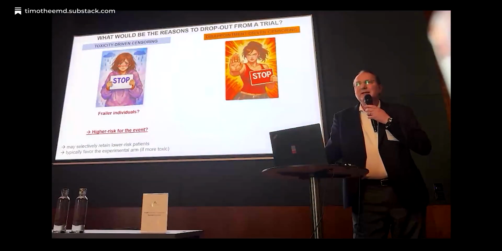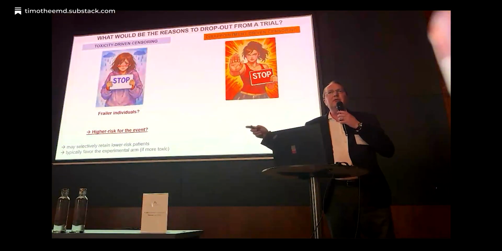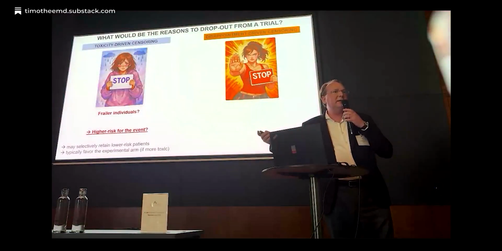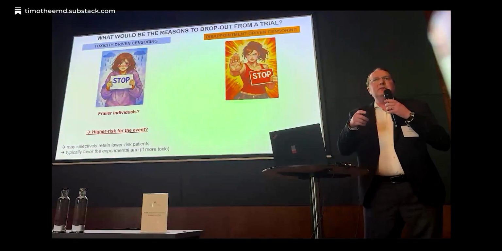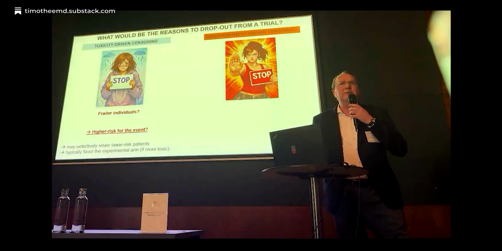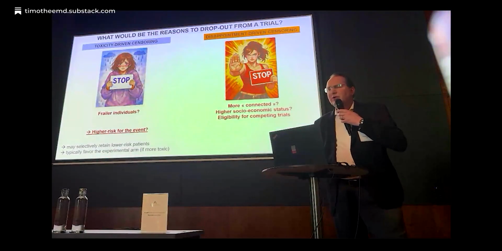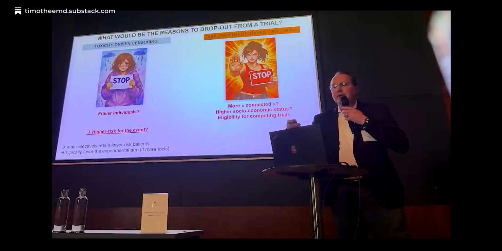The other reason is disappointment-driven censoring. Here, it's mainly in the control arm. For instance, this patient in PATINA was told that the trial was very interesting, and now she's on the control arm. She doesn't have access to palbociclib. Maybe she will say, oh, it's not interesting to me, I'm in the control arm. Maybe I'm interested to go in another trial, competing trials.